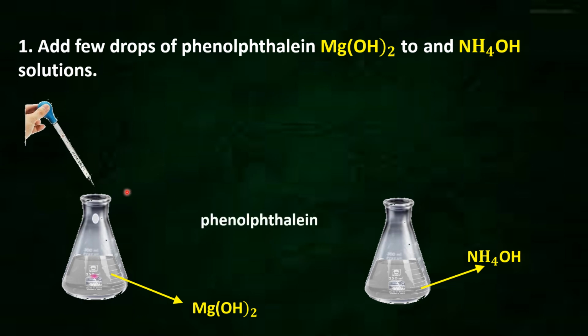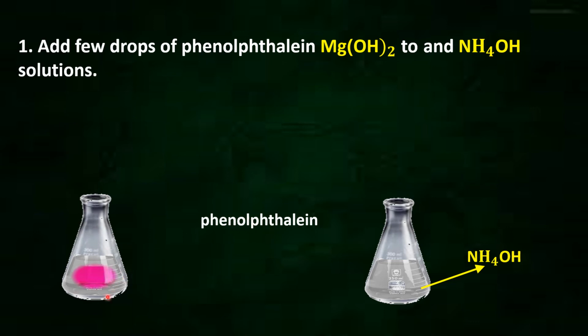This is the phenolphthalein. Already we know that it is a colorless solution. Phenolphthalein is a colorless indicator. See here the solution is changing to pink color. In the previous case also, sodium hydroxide and potassium hydroxide changed to pink color with phenolphthalein indicator. And even this magnesium hydroxide is changing to pink color, right?